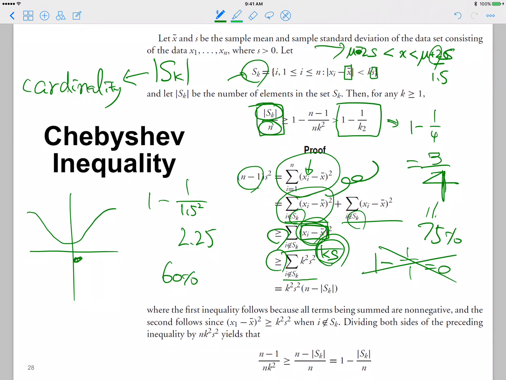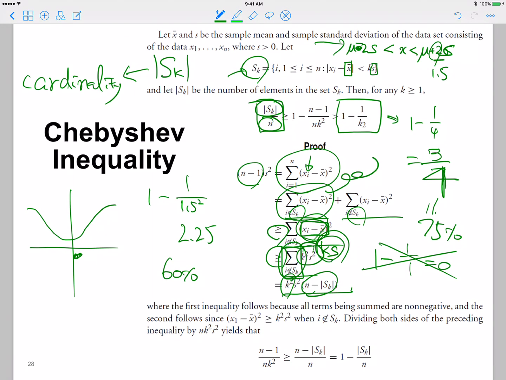Then we sum these constant values. How many data items are there? N minus the cardinality of S_k, which is the total number corresponding to this summation. If we manipulate them, we obtain this.